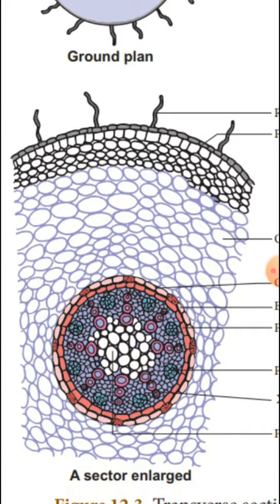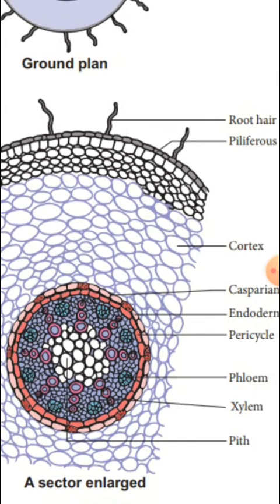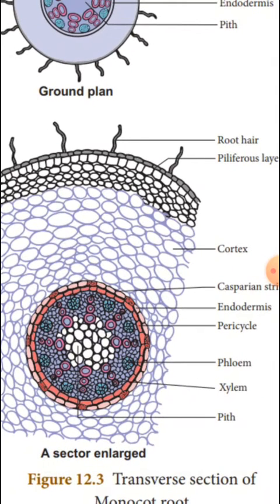The innermost layer of cortex is the endodermis. This endodermis layer is the innermost boundary of the cortex. It is single layered. It is made up of barrel shaped cells which do not show intercellular spaces.